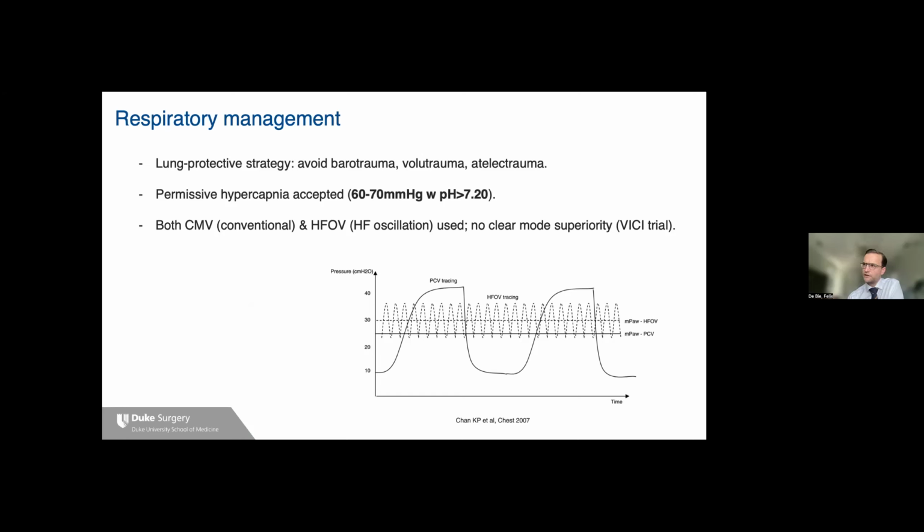Both conventional ventilation as well as high frequency oscillatory ventilation are used. There's no clear superiority between those ventilation modalities, and so both are used in our ICUs.